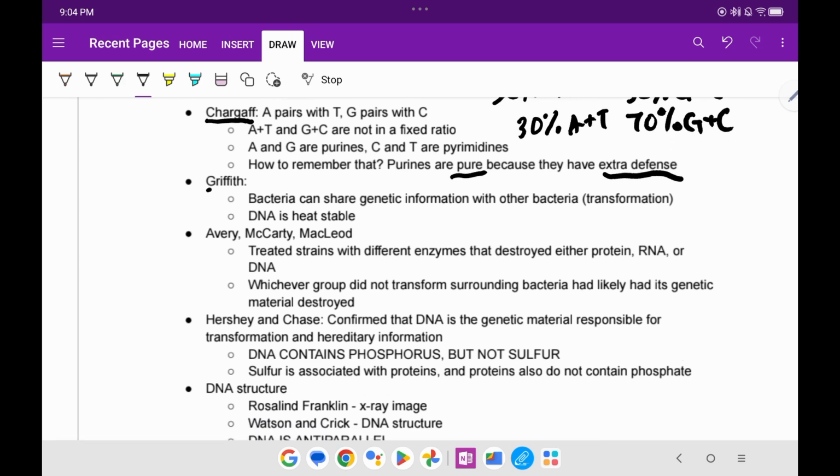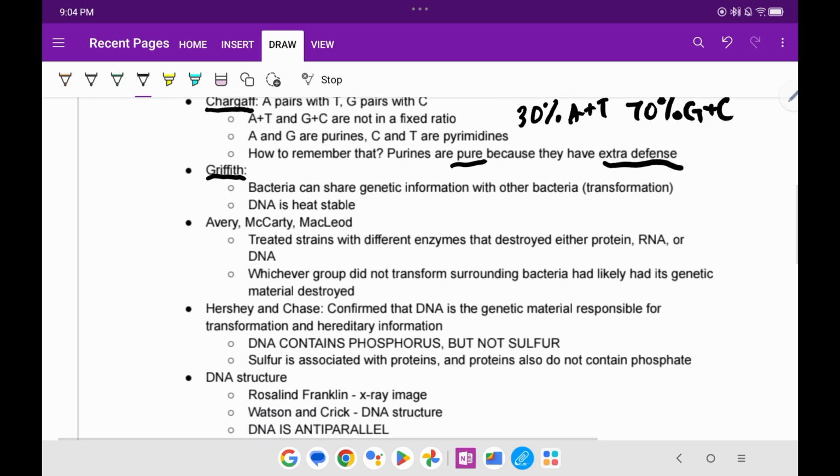Okay, next we have Griffith. He did an experiment with virulent, pathogenic bacteria, so bacteria that made the animal sick, and bacteria that didn't make the animal sick.